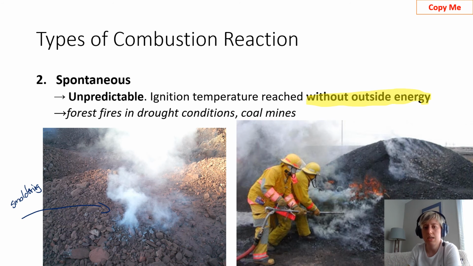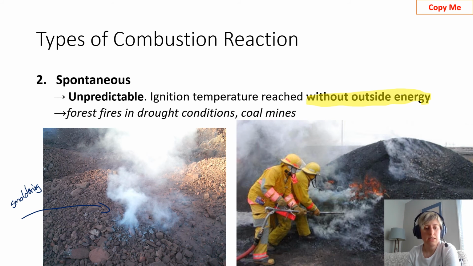So spontaneous combustion in coal piles is a serious issue because coal, again, is extremely combustible, and when you have material that is extremely combustible, lighting like this, well, you have uncontrollable flames.